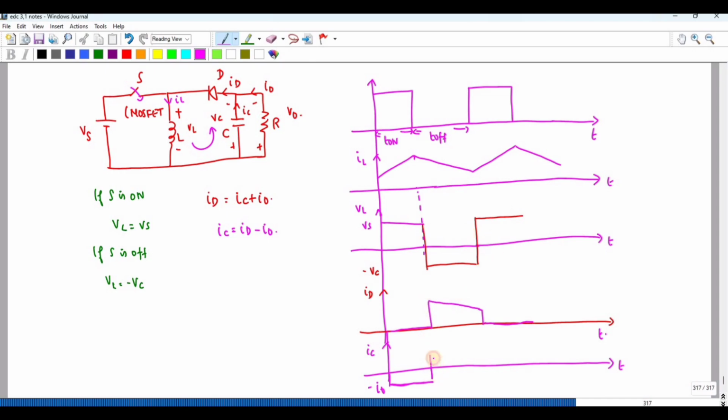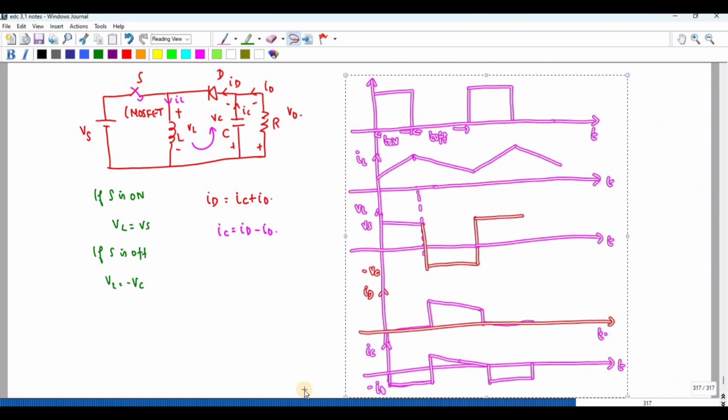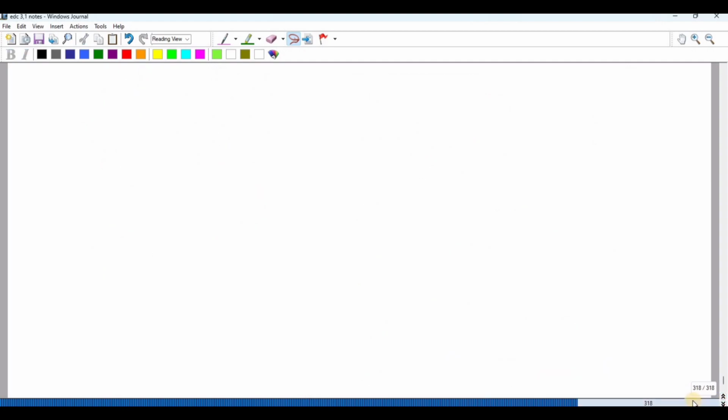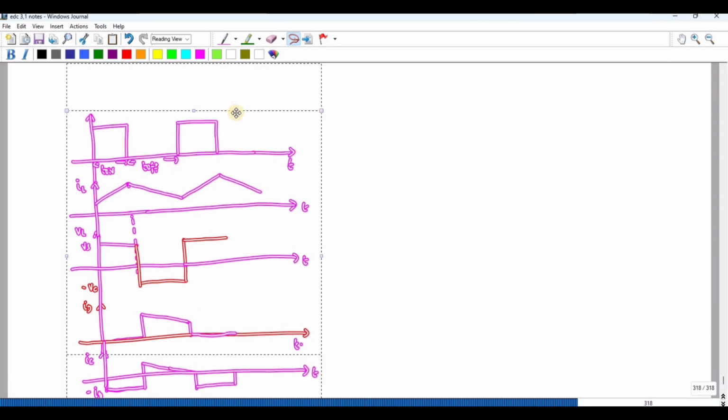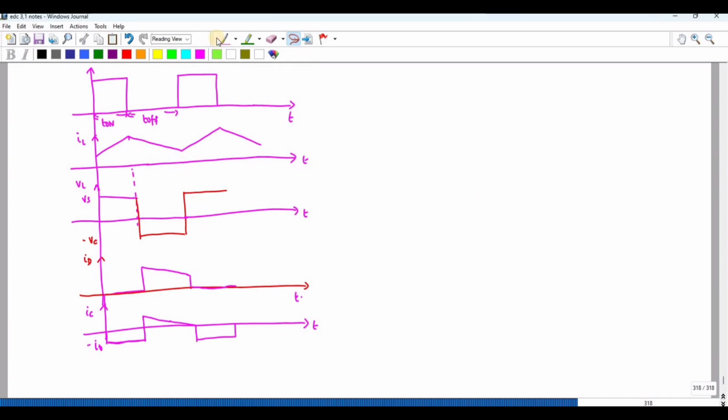So this is the output. Let me copy this and draw it on the next page. So what is the actual output I will get?